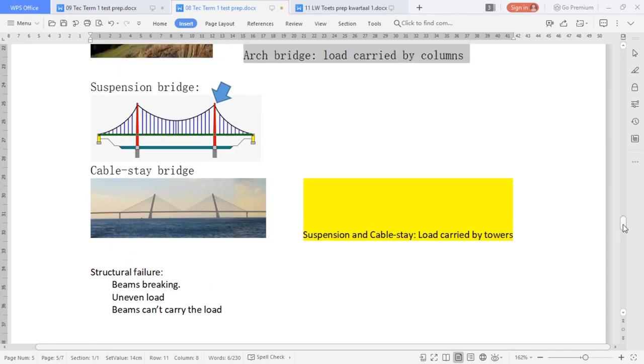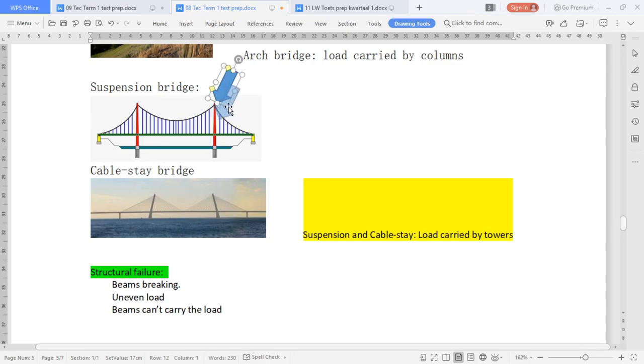So what can cause structural failure? What would cause this bridge to collapse? First of all, if the beams break, then that can cause the bridge to collapse. If the load is uneven, like let's say for example, this piece here on this side where I've got this arrow is carrying more weight than this one on the other side, on the left side, then the load is uneven, and because this side carries more weight, it's going to break more easily.